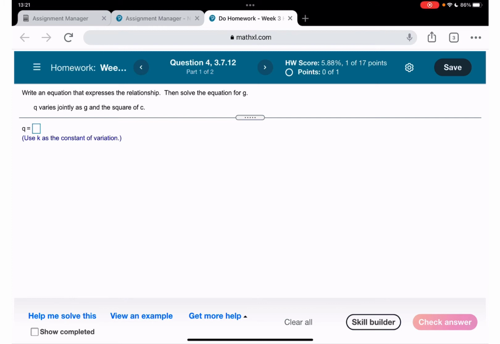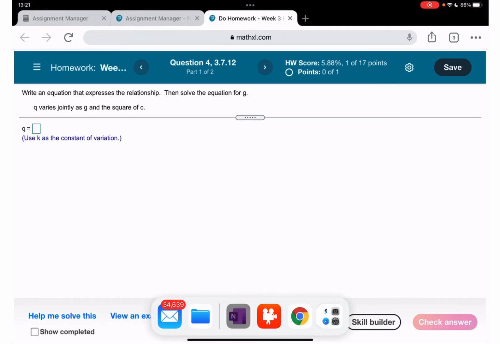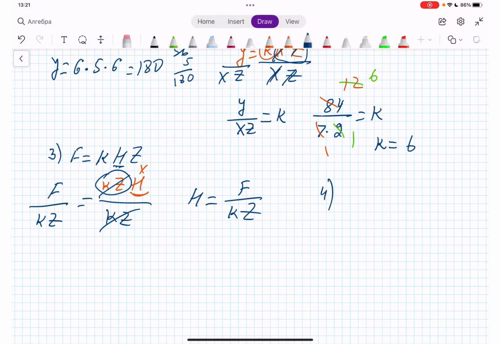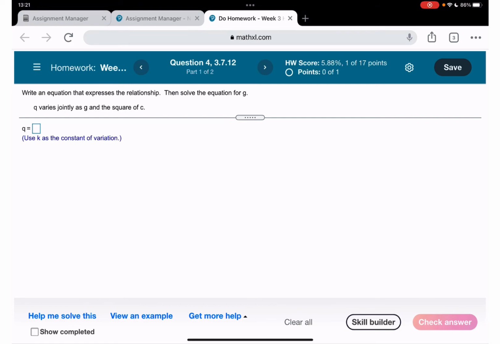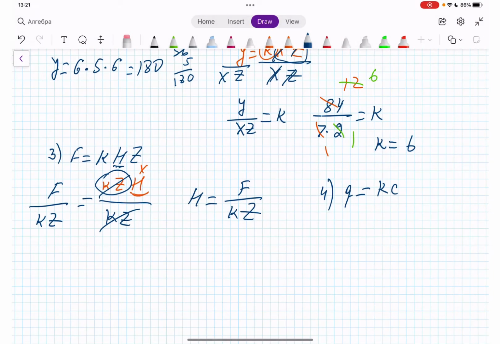So Q varies jointly as G and square of C. Okay? Q varies jointly as G and square of C. K, G, and C squared.